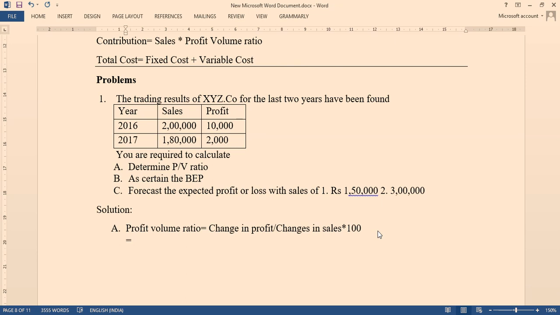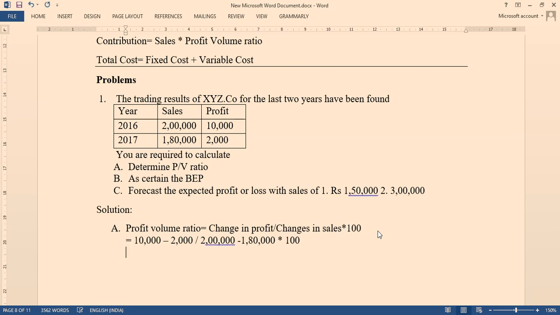What is the change in profit here? 10,000 minus 2,000, that is the first one, divided by the change in sales: 2 lakh minus 1 lakh 80,000, into 100.